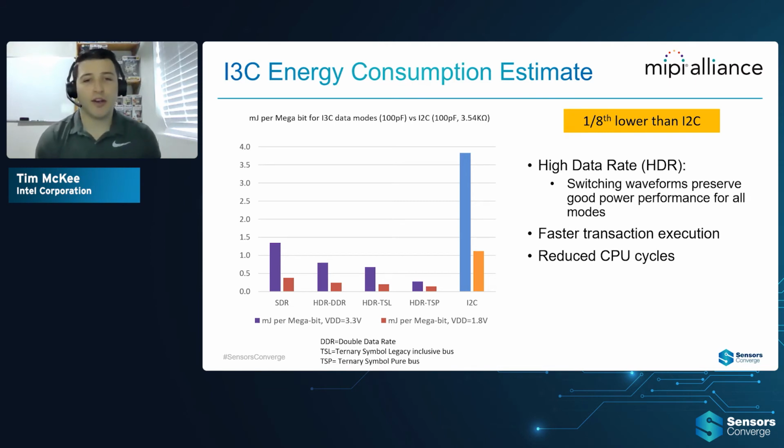Then when we start talking our high data rates, you can see our energy consumption goes down and down. These now, as you can see up there, 1/8 lower than I2C. So we've done a great job in improving energy consumption, because we know in the world of sensors, every bit of energy counts.